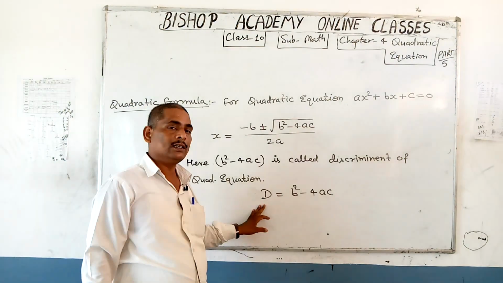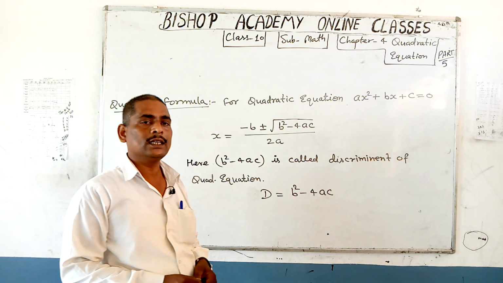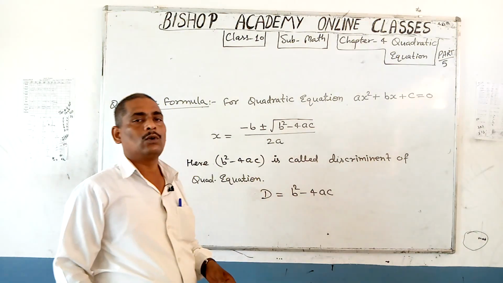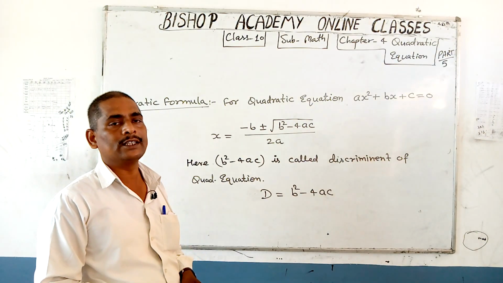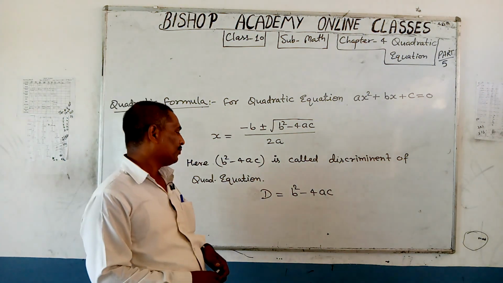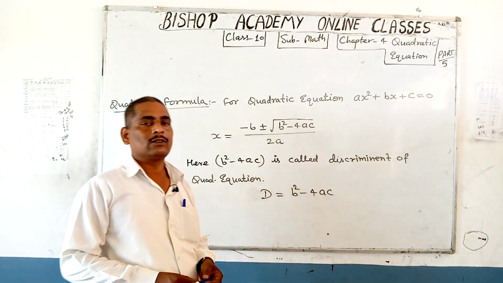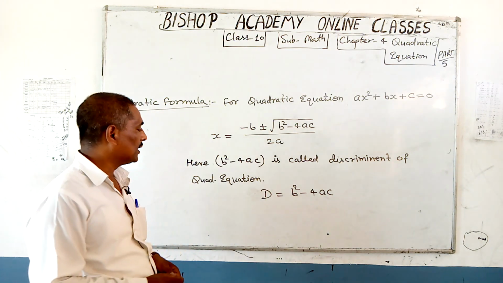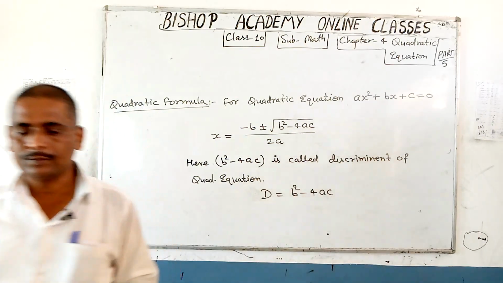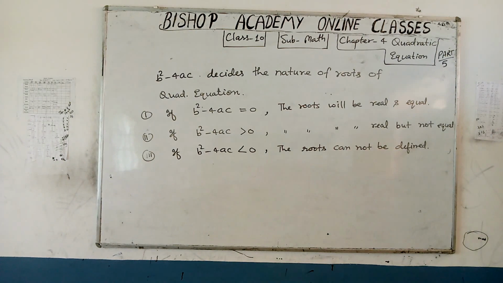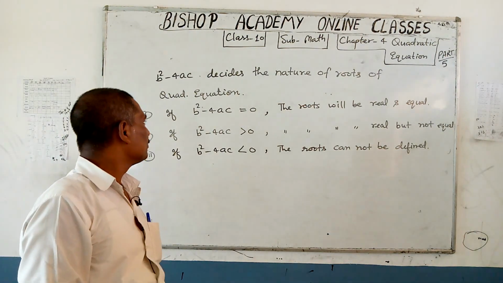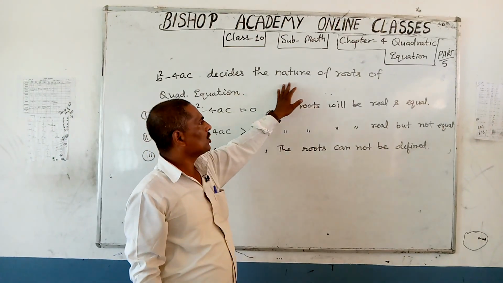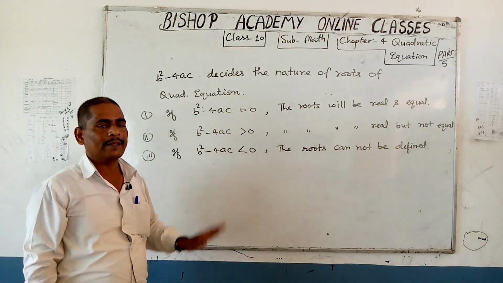Dear students, the discriminant decides the nature of the roots of the quadratic equation. By finding the discriminant of any quadratic equation, we can know about the nature of its roots.